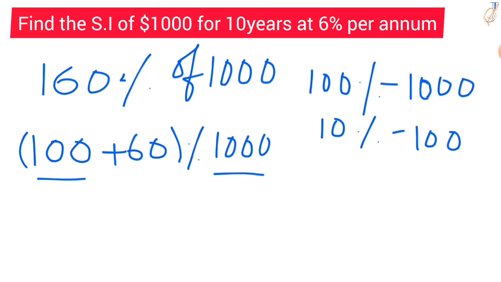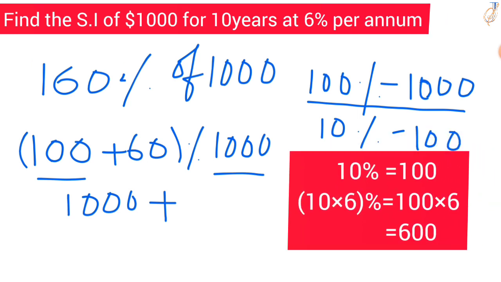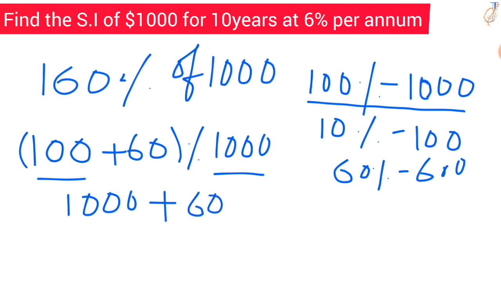So what is 100% of 1000? It is 1000, plus what is 60% of 1000? So 10% is 100, 60% is 600. So just add 600. So after adding you will get 1600.